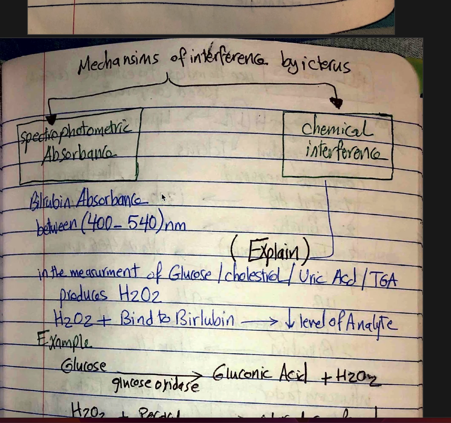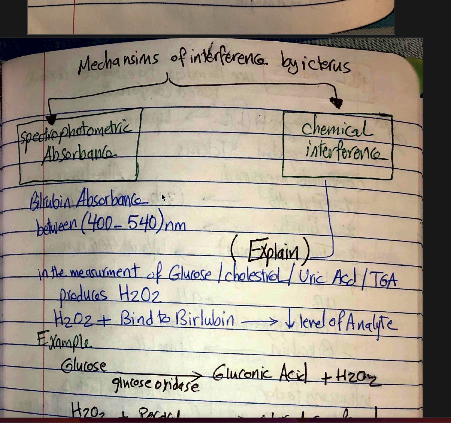Now we go to the mechanism of interference of icterus. We have two: spectrophotometric interference and chemical interference. For spectrophotometric interference, the bilirubin absorbance is between 400 and 540 nanometers.